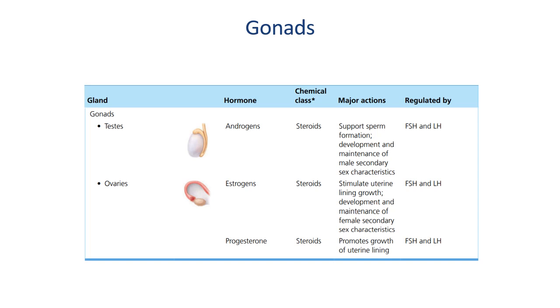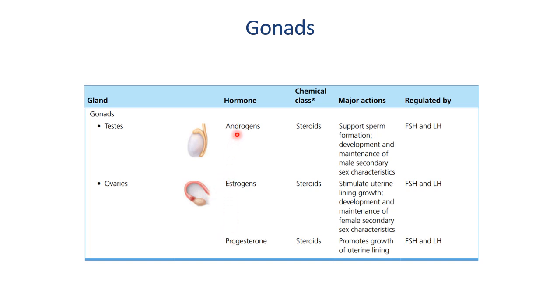So in total, we call the organs gonads. The male gonad is the testis, while the female gonad is the ovaries. The hormone produced by the testis is your androgen or testosterone, and the female hormones produced by the ovaries are your estrogen and progesterone.